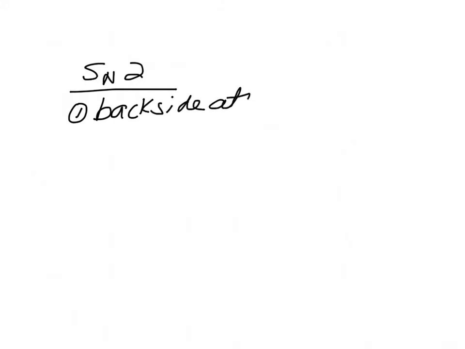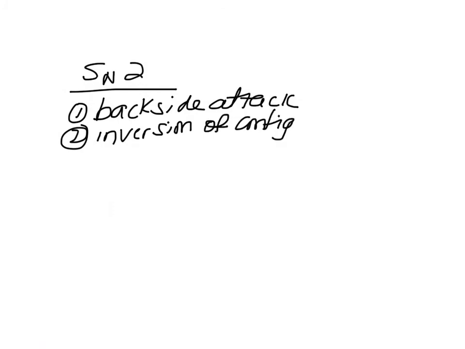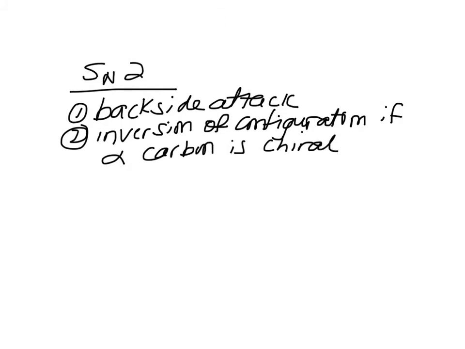So let's summarize again for an SN2 reaction. We have backside attack, we have an inversion of configuration if the alpha carbon is chiral, right?